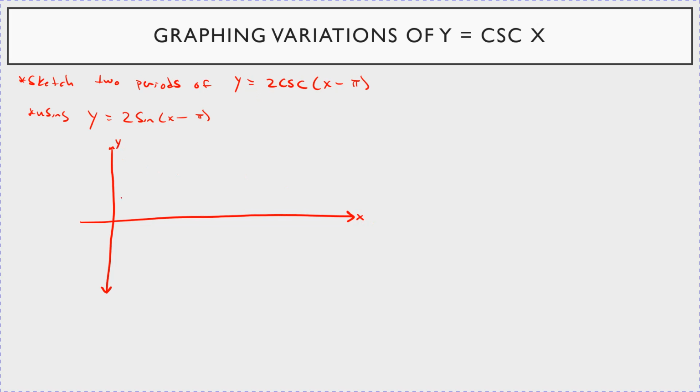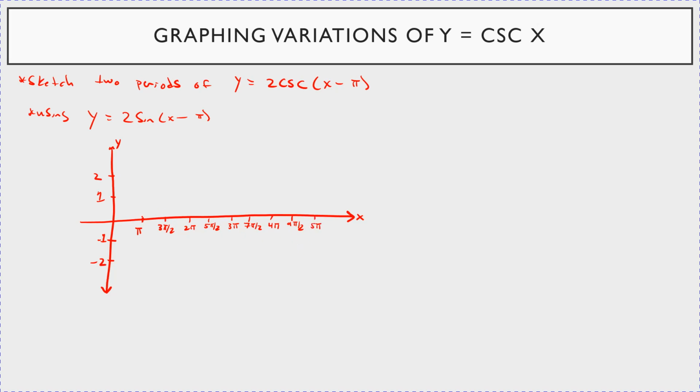All right, so the amplitude is 2. We're going to start at pi, and this is where it gets a little crazy. Your quarter period is pi over 2. So it's 3 pi over 2, 2 pi, 5 pi over 2, 3 pi, 7 pi over 2, 4 pi, 9 pi over 2, and then 5 pi.